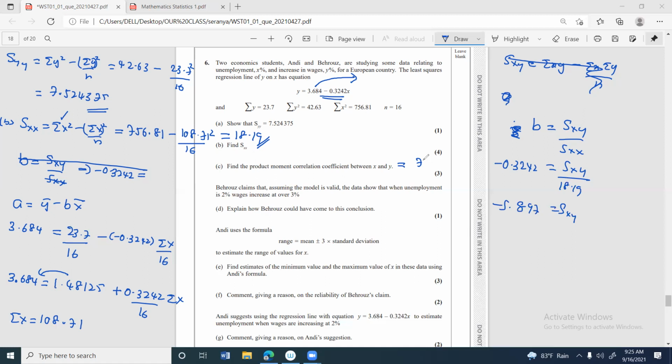Then we can find the product moment correlation coefficient: Sxy is minus 5.897 divided by the square root of Sxx, which is 18.19, into Syy. Syy you already found as 7.52. So you can say this one divided by the square root of 18.19 into 7.52. So you get the answer minus 0.5.